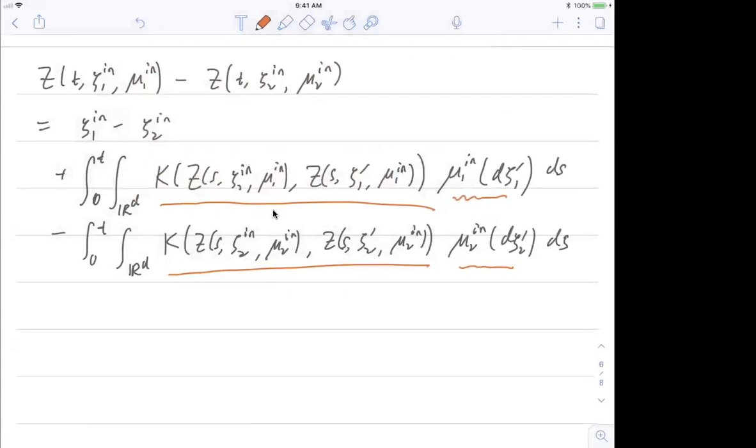But if we choose any measure pi initial, which is a coupling of mu1 initial and mu2 initial, we can represent the difference of these two integrals as the integral of the difference.